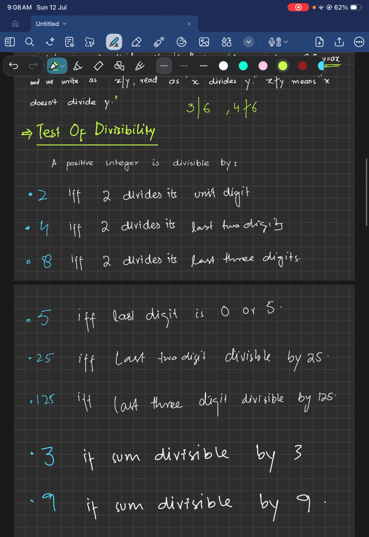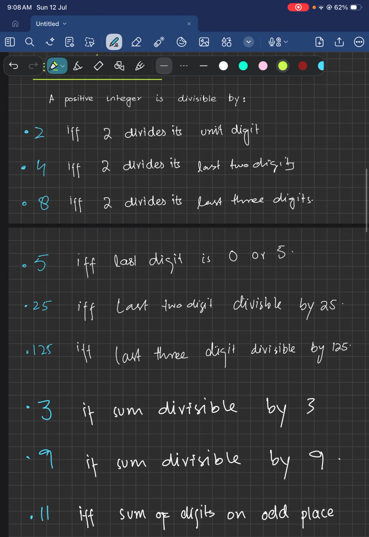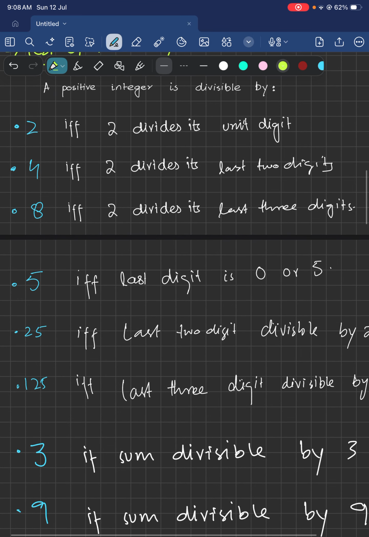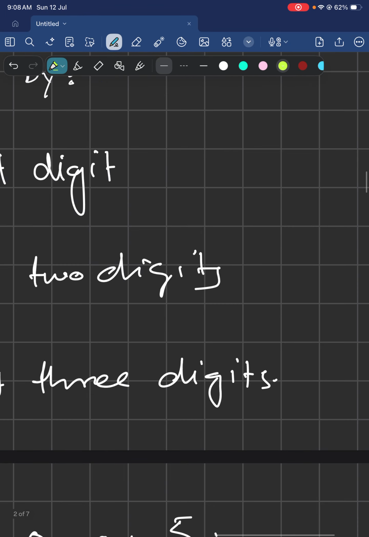And this is a new thing, which is tests of divisibility. If you want to check if any number is divisible by some specific number, you can use these rules. A number is divisible by 2 if its unit digit is divisible by 2. Let's say we have this number. Is it divisible by 2?